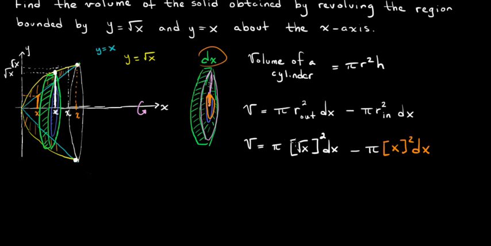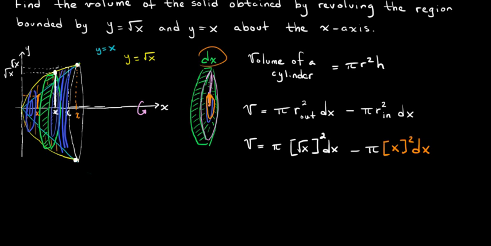Now, this is just the volume for one washer. Imagine if I wanted you to find the volume for the whole thing, which is essentially the point of the problem. I mean, that's exactly what we're after. Well, you could think about doing this process over and over and over again. In other words, you can think about creating another washer right there, and maybe creating another one and another one.